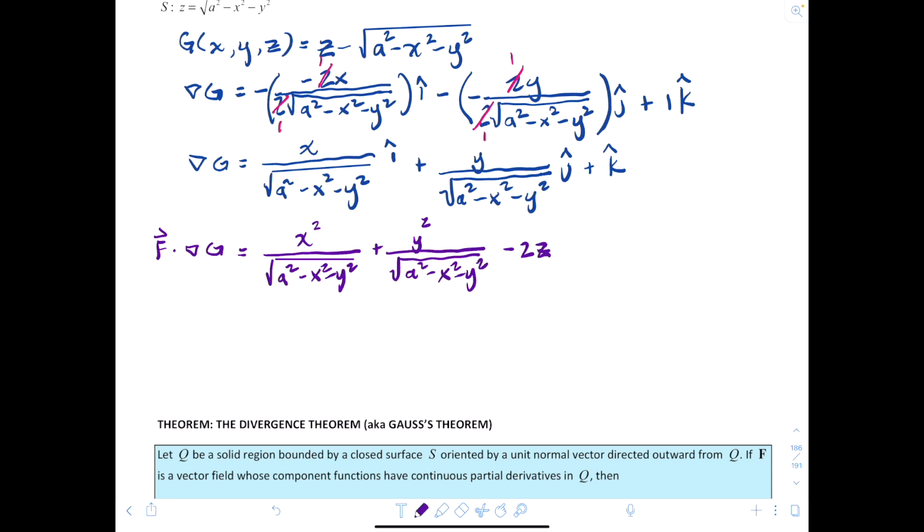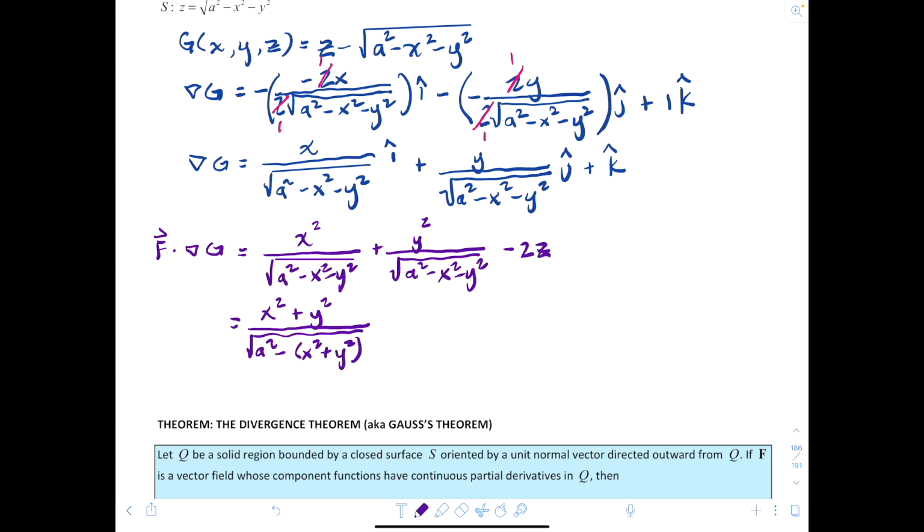All right, so now let's see what we get. So here, simplifying, I'm thinking polars might be better for this. And so notice that we're going to have x squared plus y squared over the square root of a squared minus quantity x squared plus y squared, all under the radical.